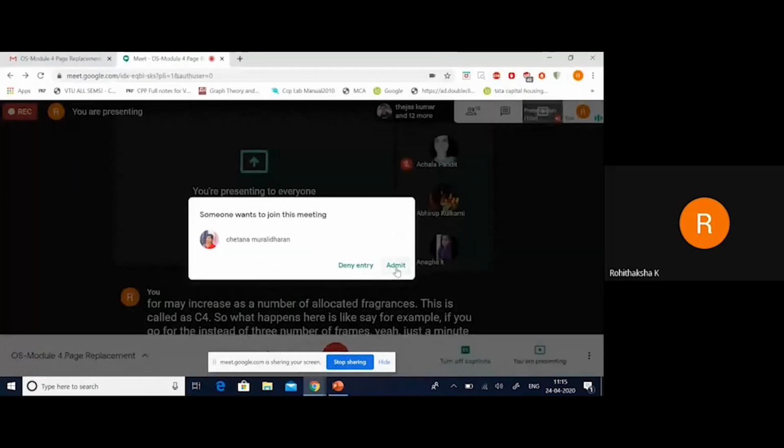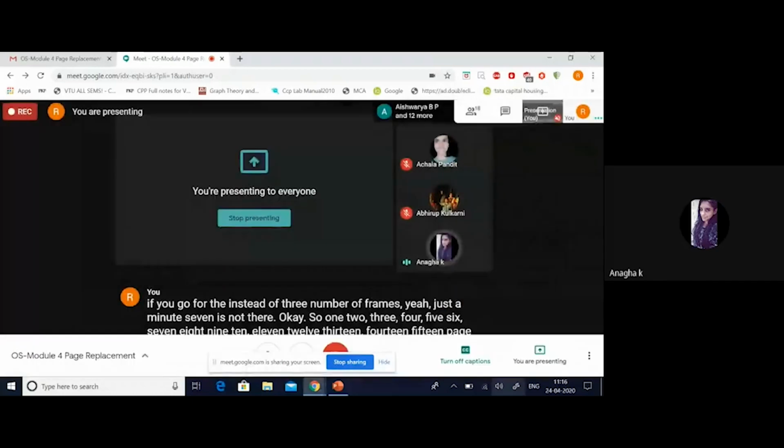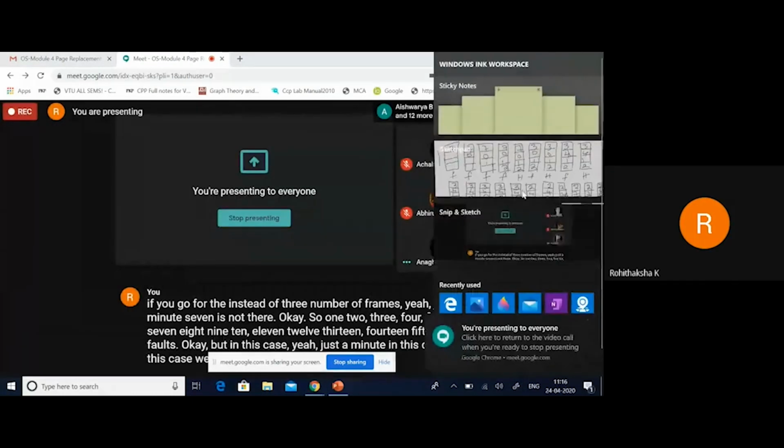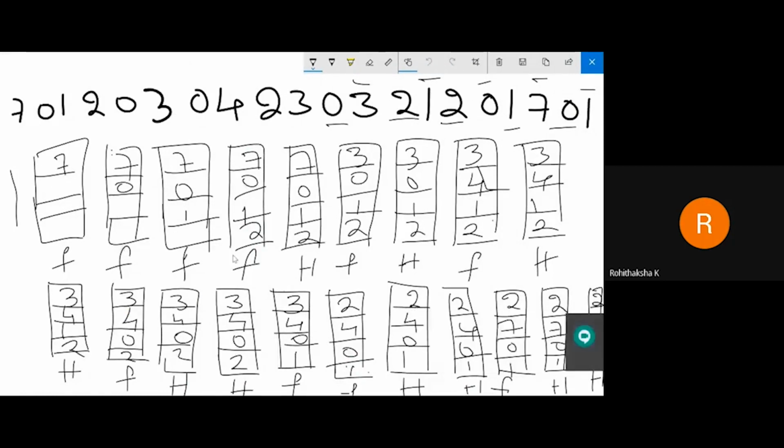But in this case, how many page faults do we have? 1, 2, 3, 4, 10, and 1 through 20, so again it is 20. 10 by 20 is how much? It is around 50%.